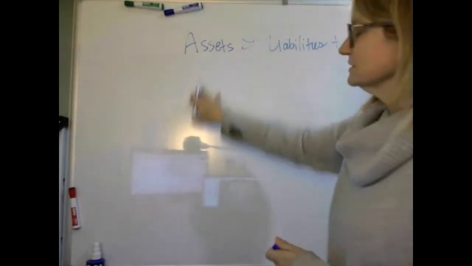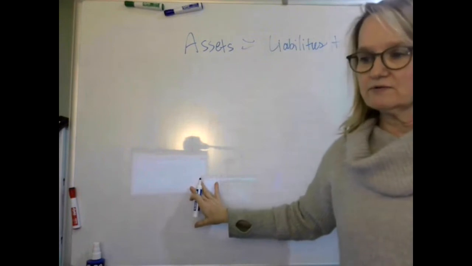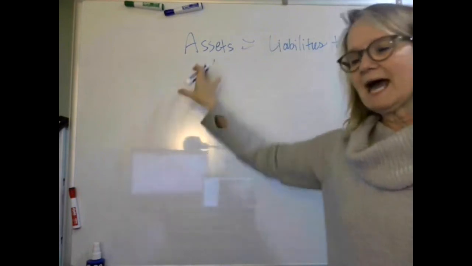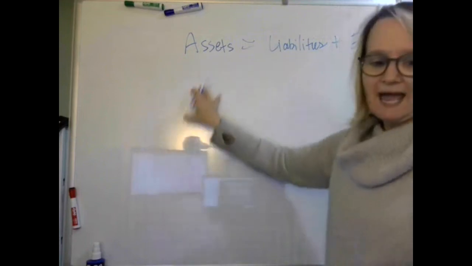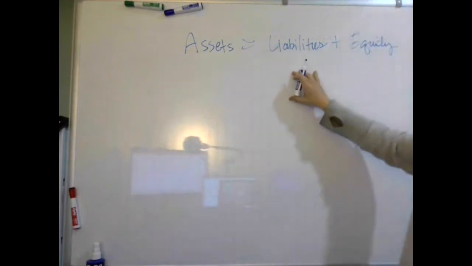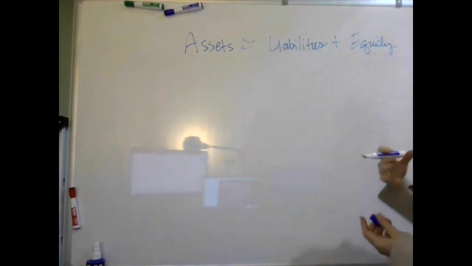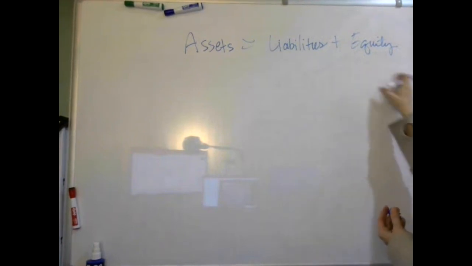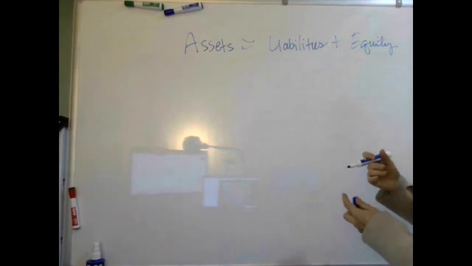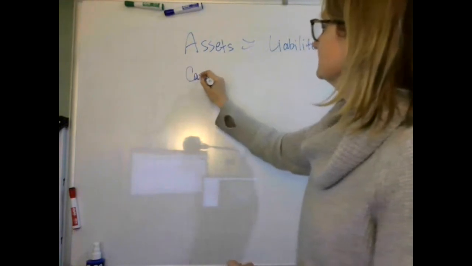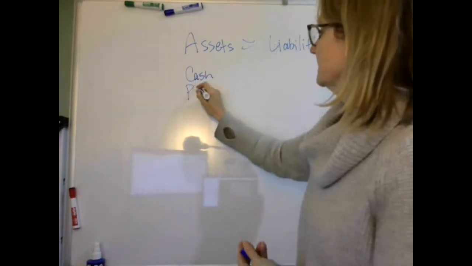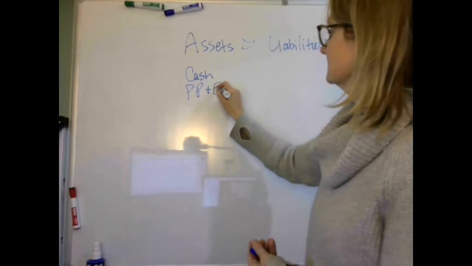So assets, we have certain classifications or categories of assets, different types of accounts that fall under this asset category. We have different accounts that fall under liabilities, and we have different accounts that fall under equity. Assets, things like cash, property, plant, and equipment.